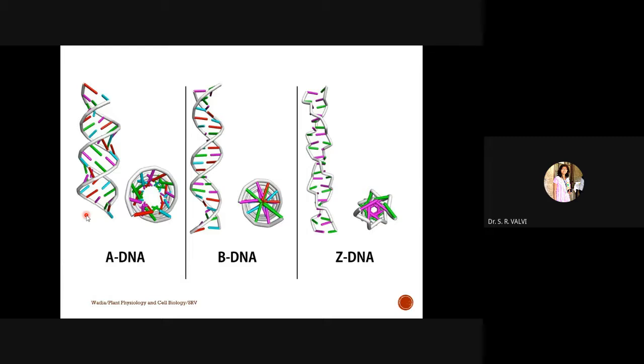Same like B DNA, they are also moving in a right hand direction. The only difference is that in A DNA the coils are present closely, whereas in B DNA the coiling is apart. Same, they are right handed.